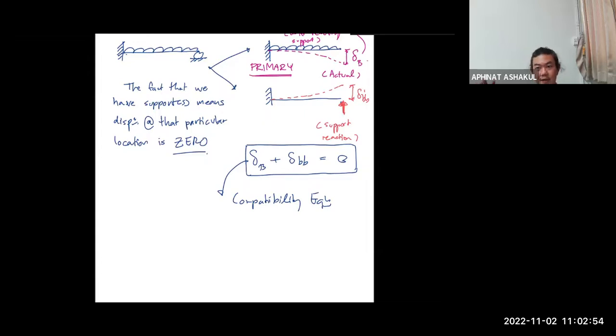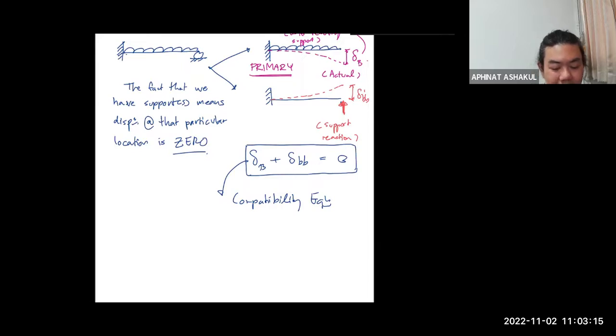Because in reality, we have the support, and at that location, displacement is 0. So we can break this by superposition into two conditions and put them back together here.